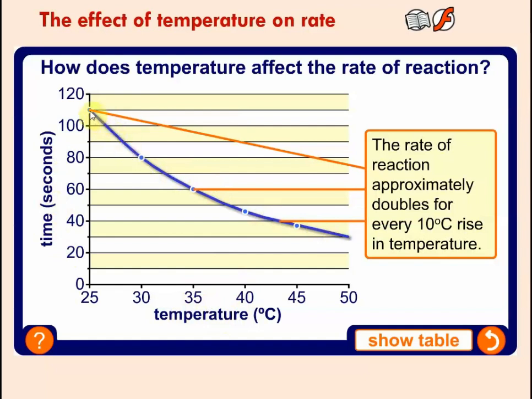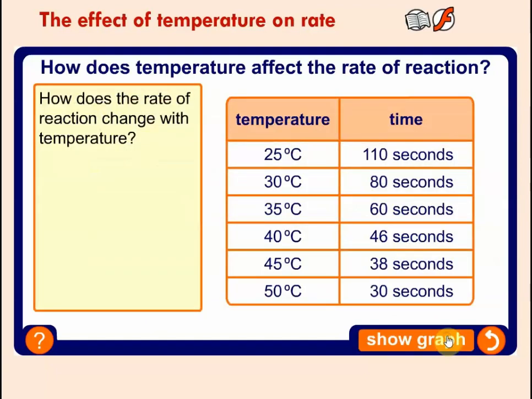So if we determine the rate of reaction at this temperature, and then at this temperature, the rate of reaction, which is change in concentration per time, we would see that the rate of reaction doubles at each of these points. We see that in the table.